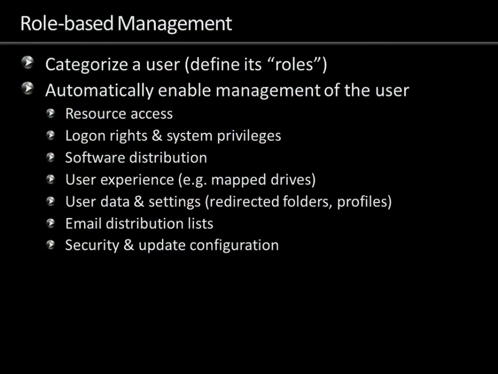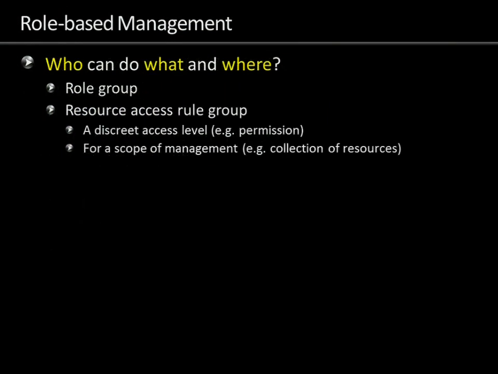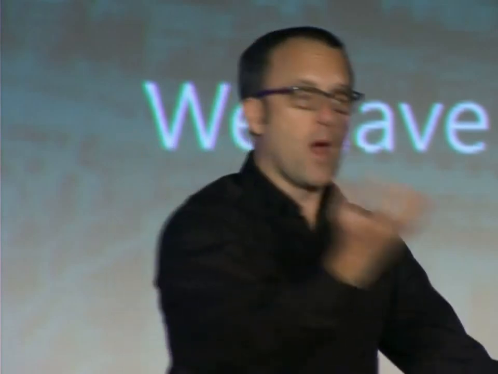Now, a lot of us focus on users when we look at role-based management, but it's equally important for computers as well. So all of this boils down to basically asking who can do what where. What user can have access to resources, can get certain software, and where.